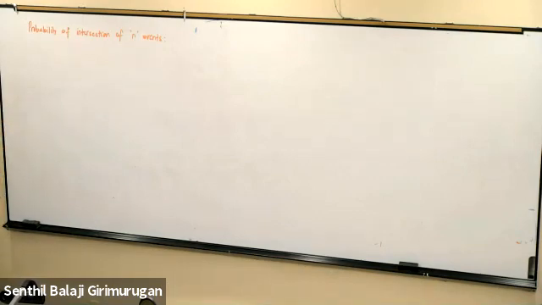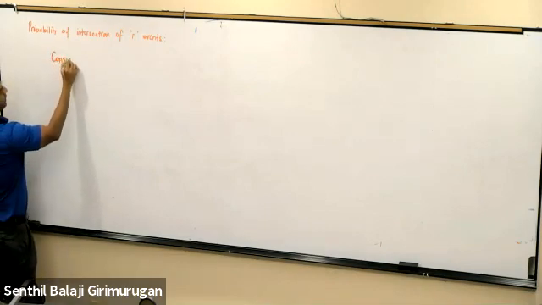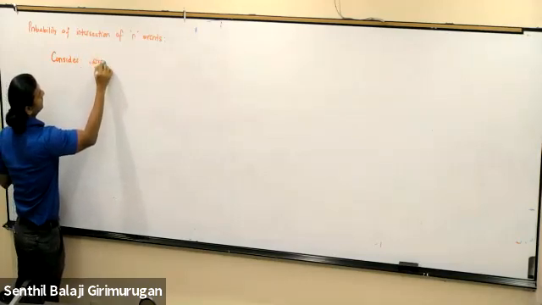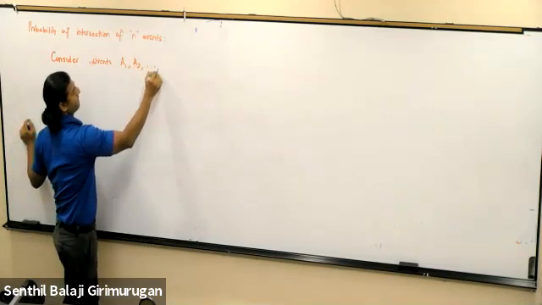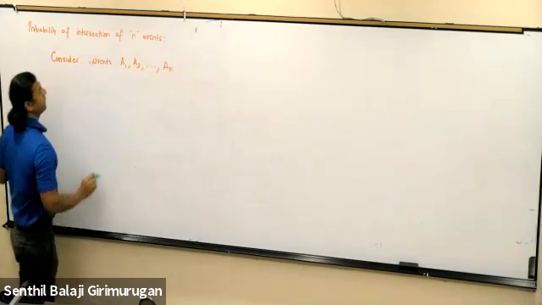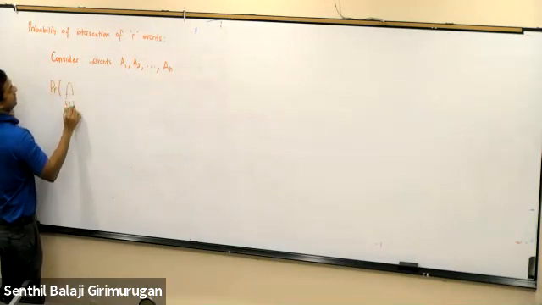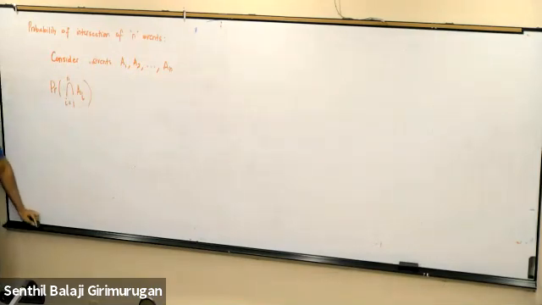Suppose you have n different events, A1, A2, all the way up to AN. And we want to find the probability of the intersection of all the events.